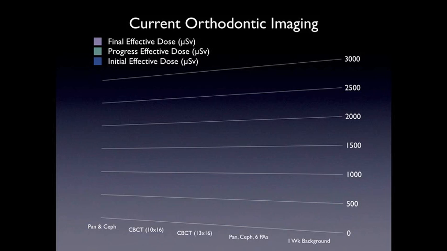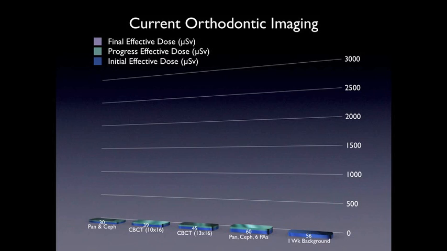But to put this in a visual perspective of where current orthodontic imaging is relative to what we experience in ionizing radiation from background doses, here you can see on the bottom screen some typical orthodontic imaging protocols, a pan-ceph, for example, all the way up to a pan-ceph with 6 periapical x-rays.